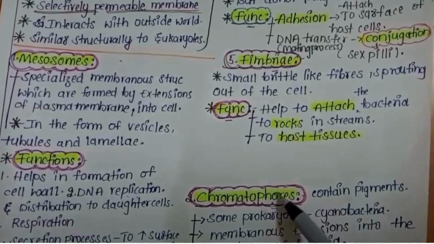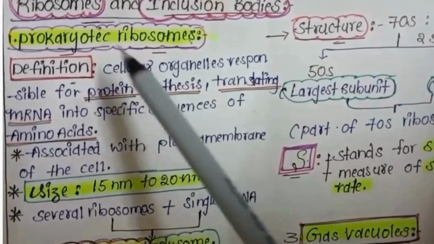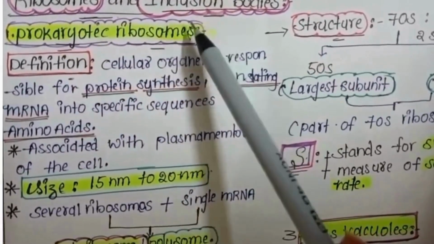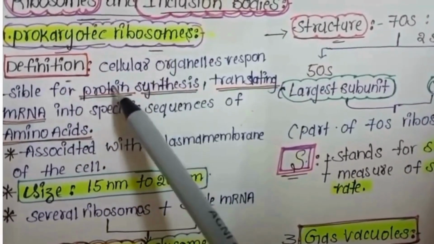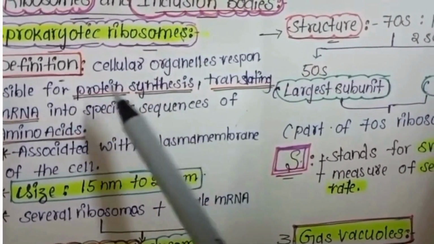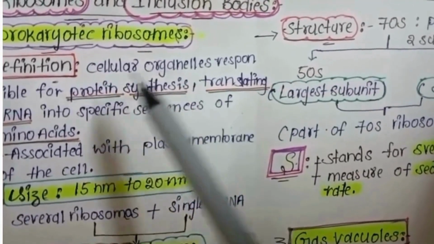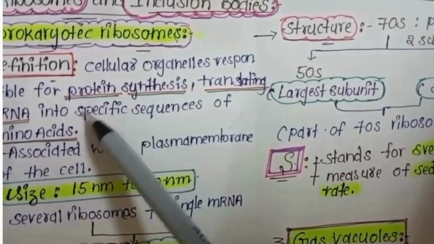Let's discuss ribosomes and inclusion bodies in prokaryotic cells. The prokaryotic ribosomes are cellular organelles responsible for protein synthesis, translating mRNA into a specific sequence of amino acids.